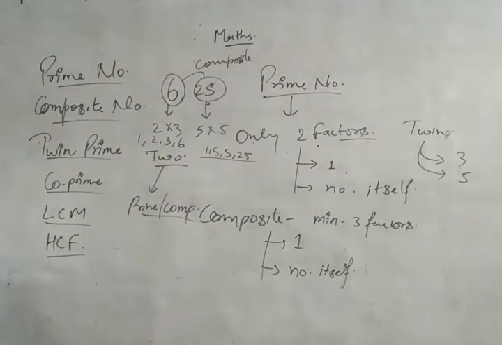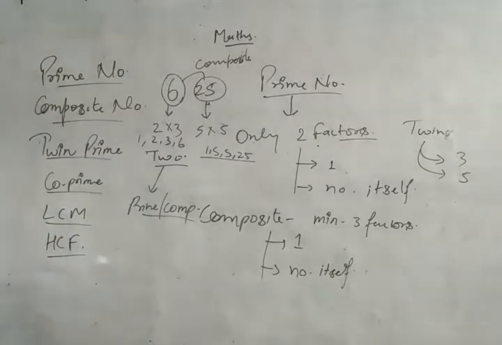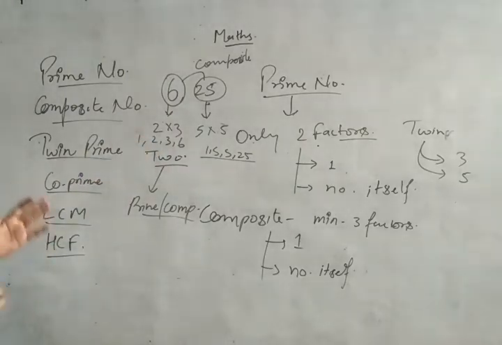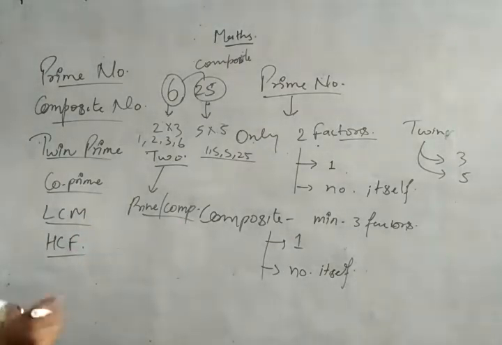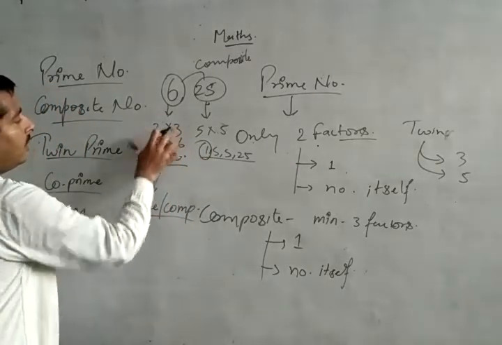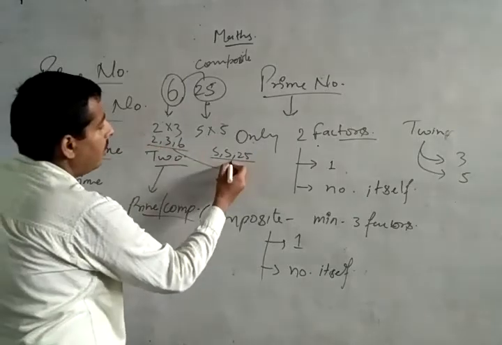There are 4 factors of 6 and 3 factors of 25, which means they both are composite, but they don't have any common factors except 1. 1 is found in every number, hence remove this 1, and after this we don't have any common factor.